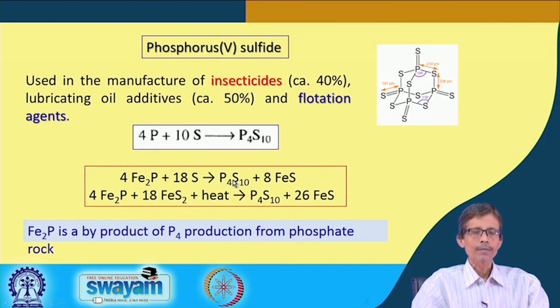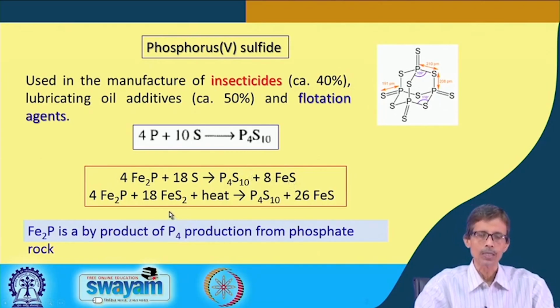When we get this P4S10 molecule, we also produce something very useful, ferrous sulfide. It is a simple ferrous sulfide molecule, not the iron pyrite rock or mineral material, but we will be producing ferrous sulfide.